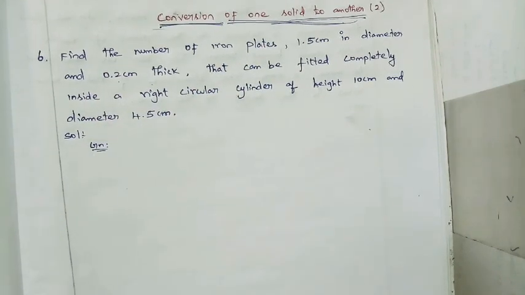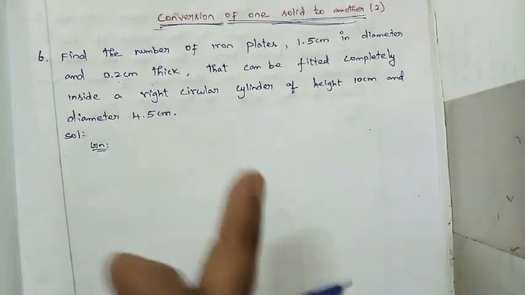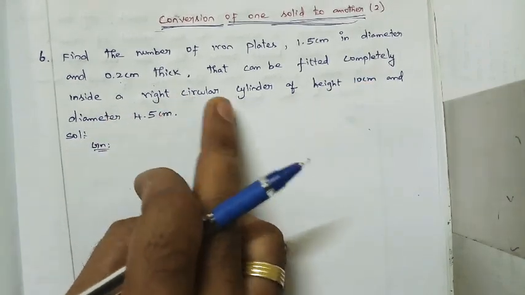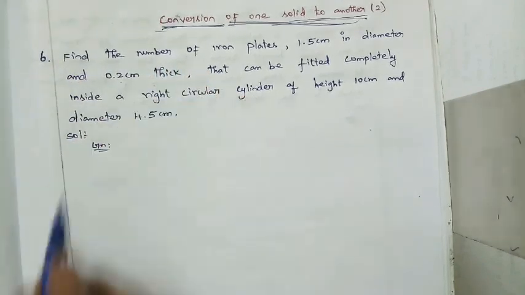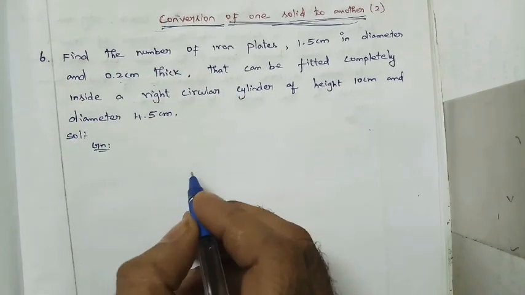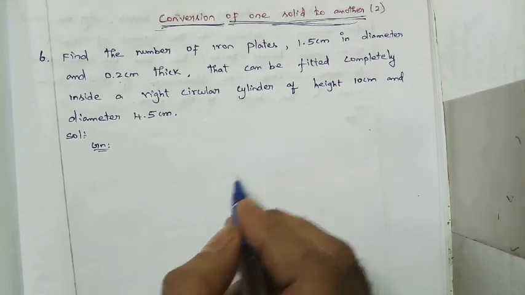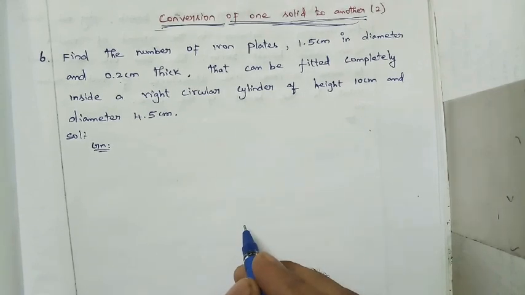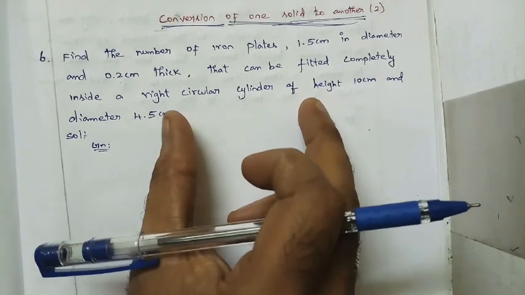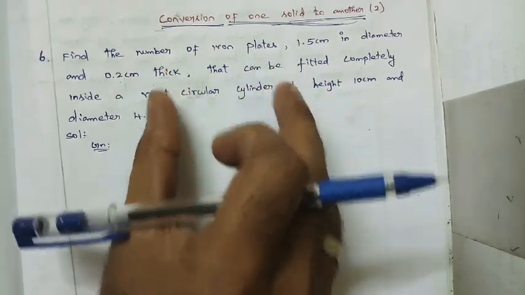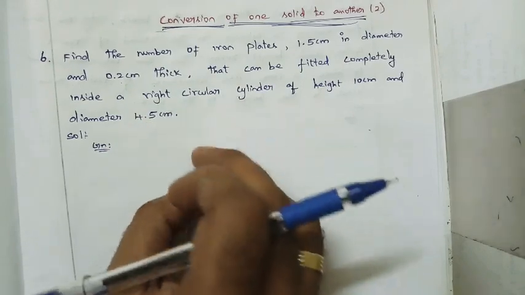So the iron plate is also a cylinder, and we are filling it into another cylinder, a right circular cylinder. We want to find the number of iron plates. So the number of iron plates is equal to the volume of the big cylinder divided by the volume of the small cylinder. The volume of the small cylinder is the iron plate, and the big cylinder is the one we are filling.